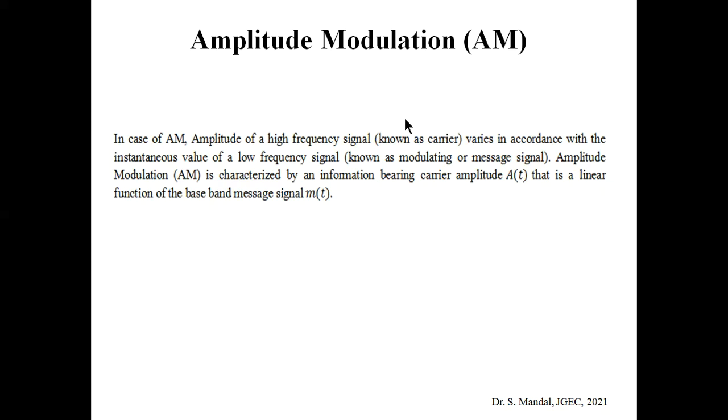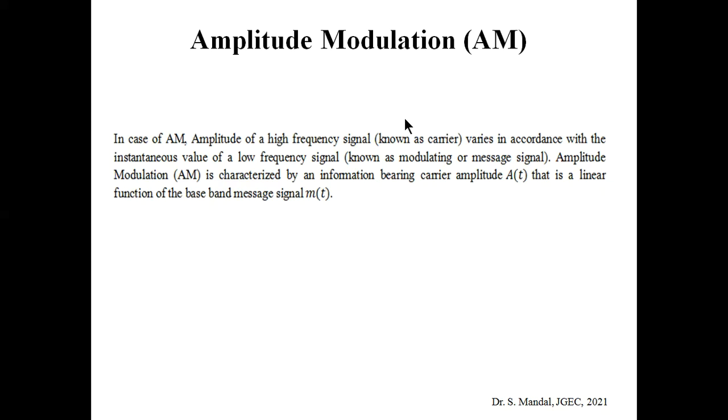In case of AM, the amplitude of the high frequency signal, that is known as the carrier, will be varied according to the instantaneous value of the low frequency signal or message signal. So AM is characterized by an information bearing carrier amplitude A(t).